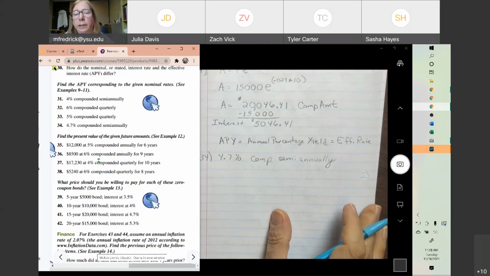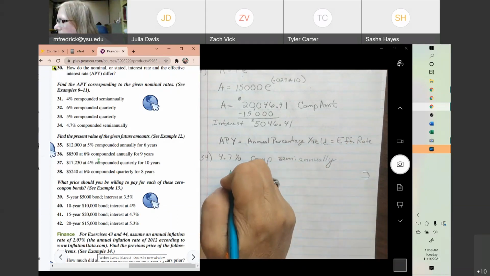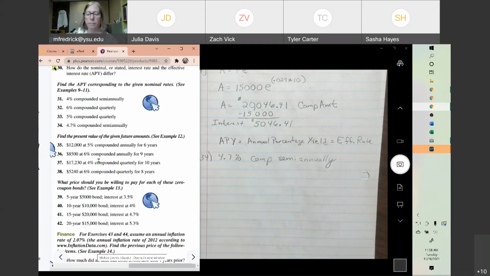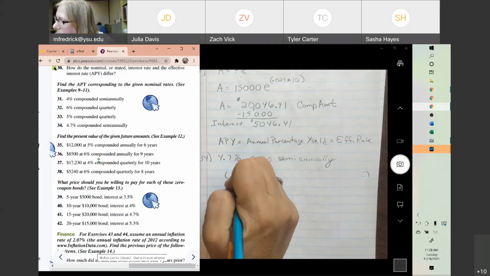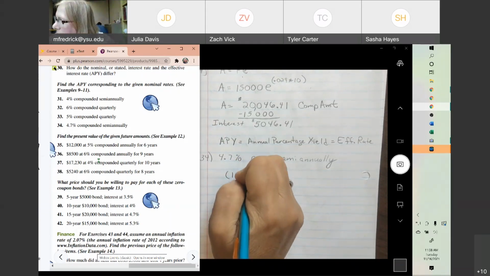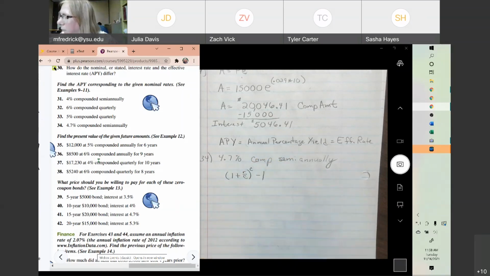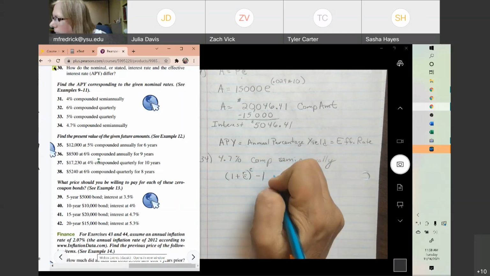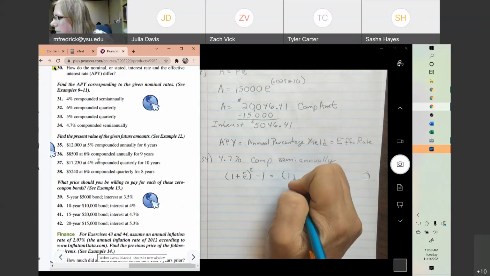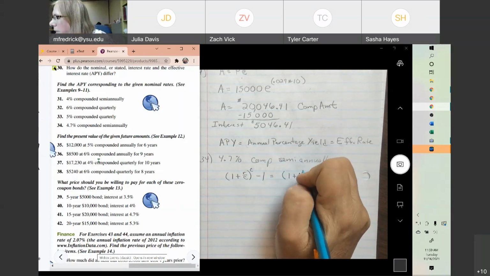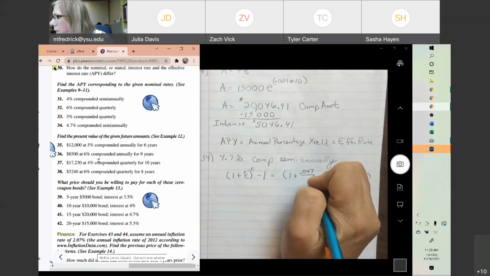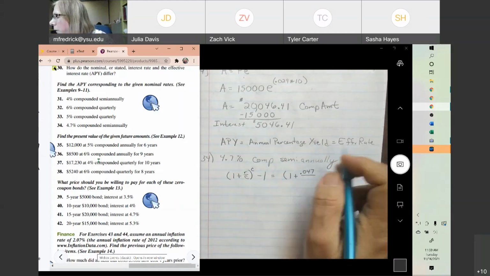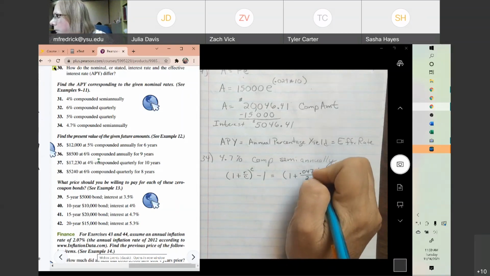For semi-annually, we use one plus r over c, to the c, minus 1 because it's a compounded amount. One plus 0.047 because you write your rate as a decimal. Semi-annually is 2 compoundings a year.